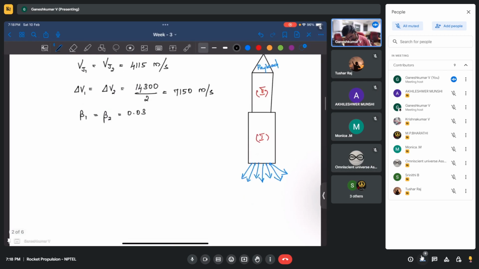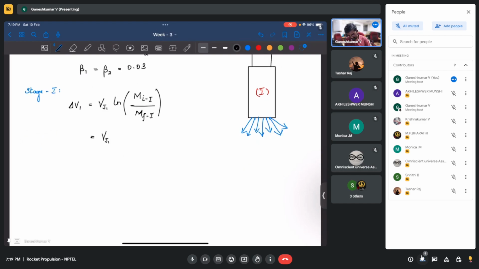So now for stage 1, if I want to calculate, I can write the equation: delta V1 is equal to Vj1 times natural log of mi of 1 by mf of 1, which again can be written as Vj1 times natural log of 1 divided by alpha 1 plus beta 1.